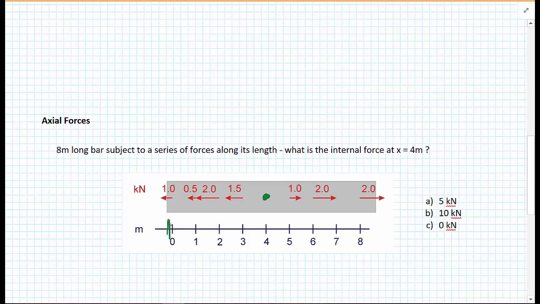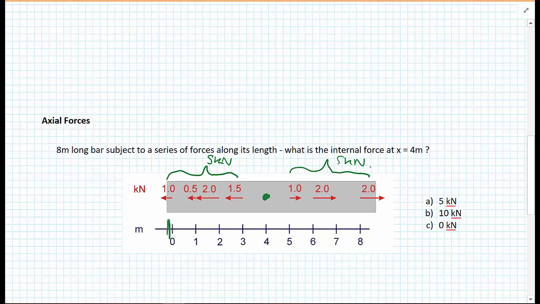Okay, so to the left of this point that we're interested in, we have a 1 kilonewton force, a 0.5 kilonewton force, a 2 kilonewton force, a 1.5 kilonewton force, and we add all of those up, and the sum of all of those forces is 5 kilonewtons. On the right hand side, we have 2 kilonewtons, 2 kilonewtons, 1 kilonewton, and the sum of all of those forces is again 5 kilonewtons.